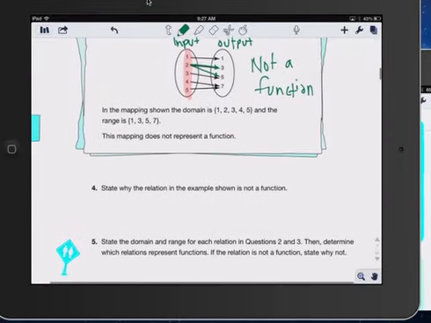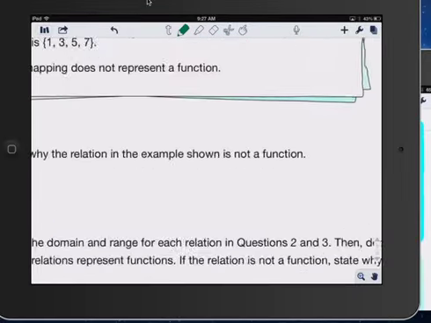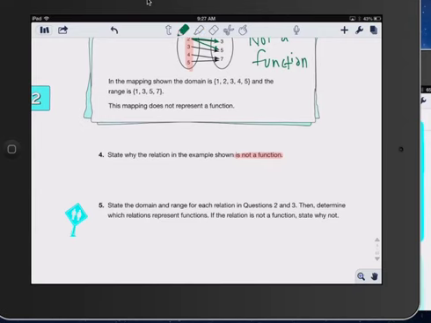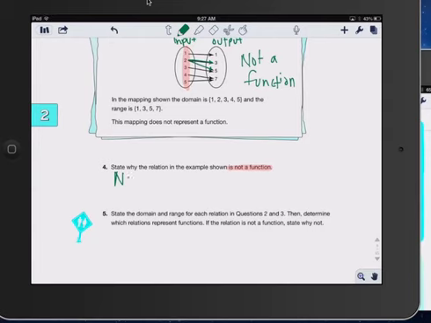Okay, now I want you to state on number 4 why it's not a function. It's not a function because the input 2, you need to tell me what type of number is 2.